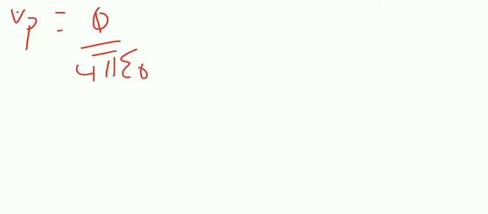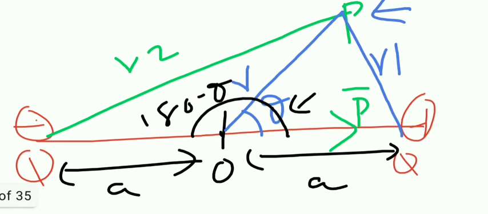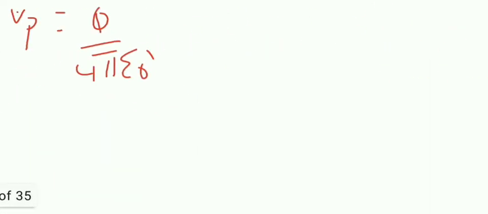The distance between the positive charge and point P is R1. Similarly, for the negative charge the distance to point P is R2. So I substitute the distance R1; this is the potential at point P due to the positive charge. Similarly, the potential at point P due to the negative charge. Here P means positive, here N means negative.